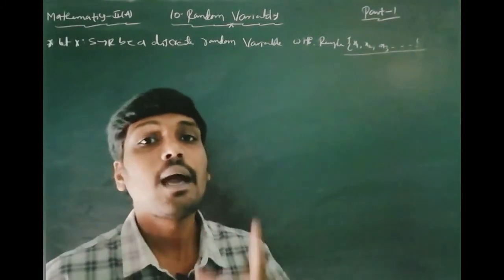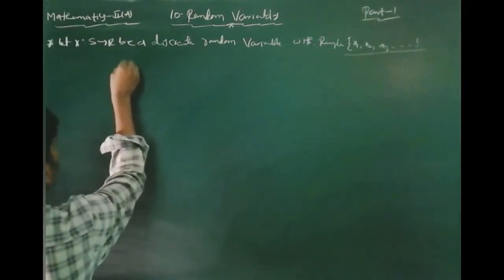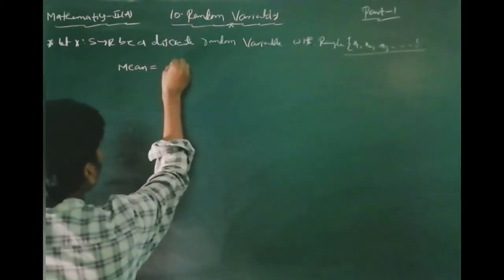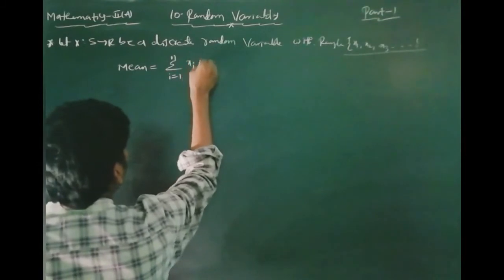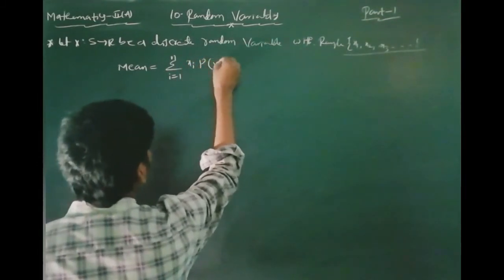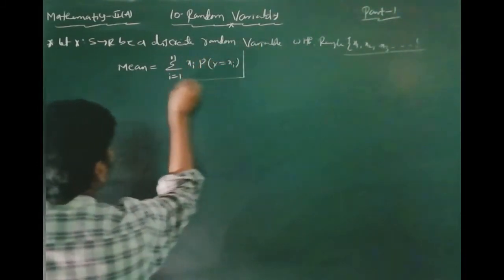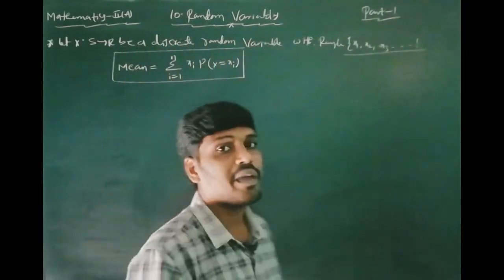In this case, mean is equal to summation of i equal to 1 to n, xi into probability of x equal to xi. This is the formula of mean.